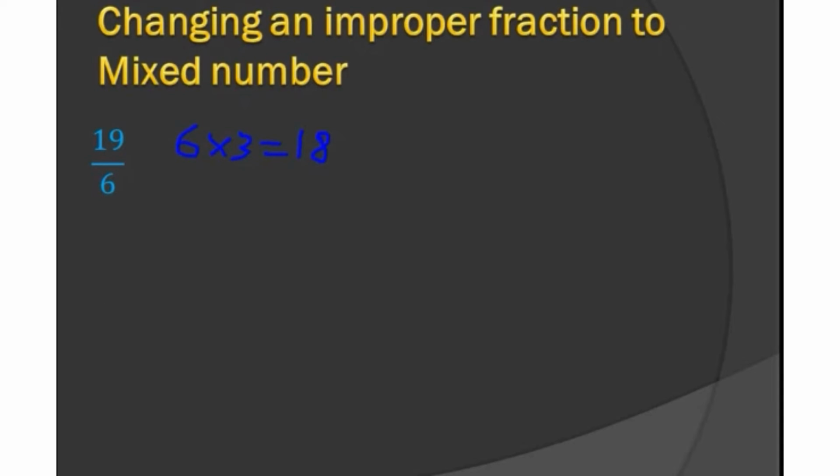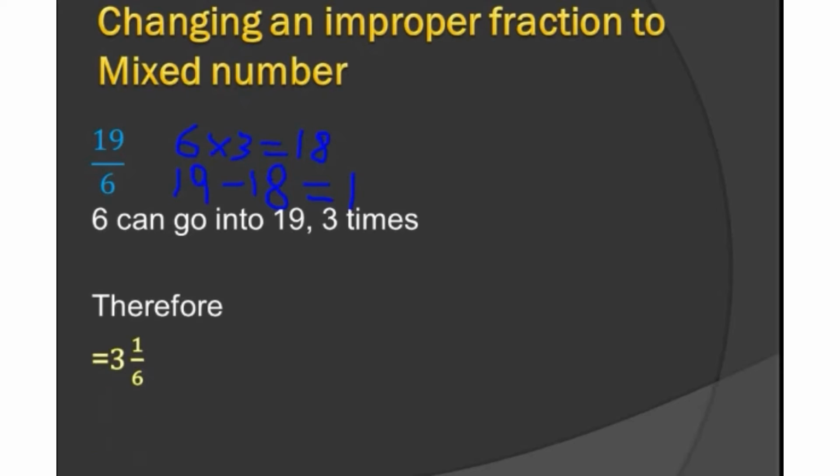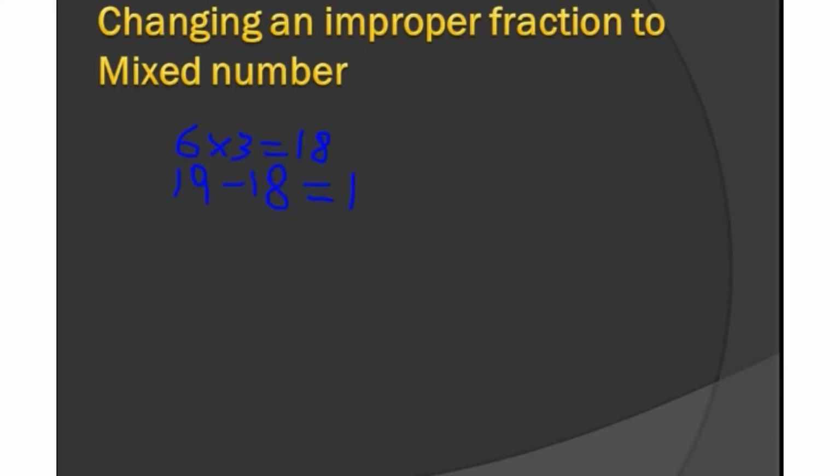So 1 will be your numerator. Therefore, 6 can go into 19 3 times, which will give you an answer of 3 and 1/6.